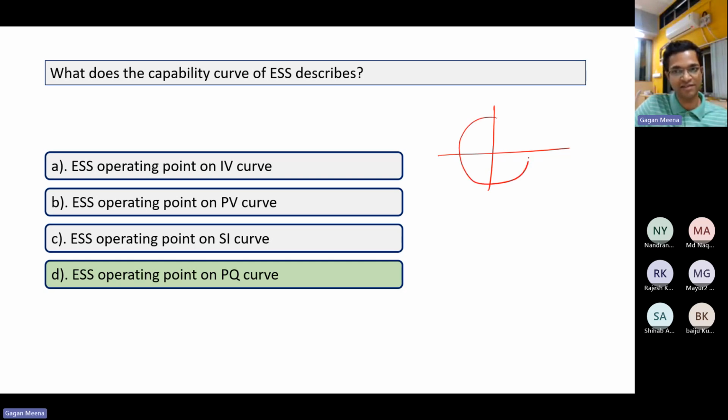Ideally it should be like this, because S square is equal to P square plus Q square. So if this is Q and this is P. But actually it is not that big. There are many limitations. And this lower bound is even less.